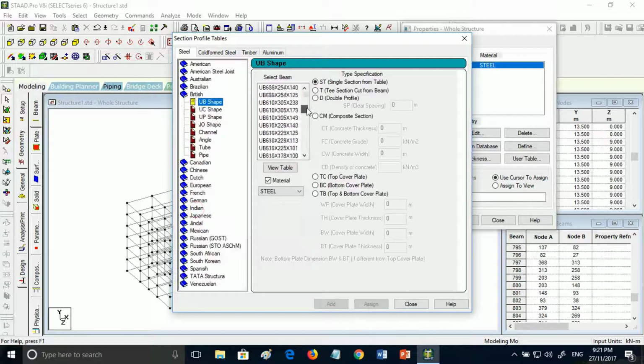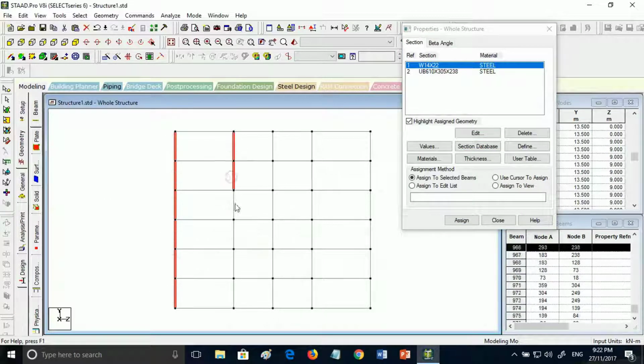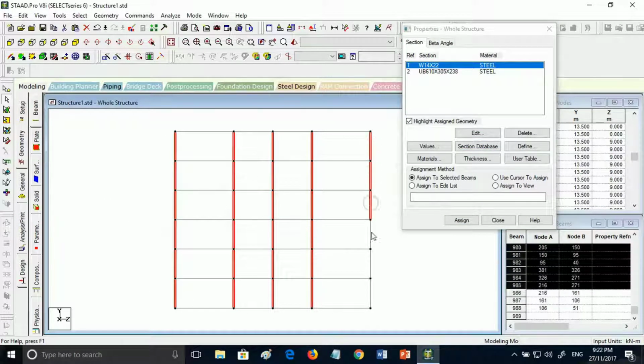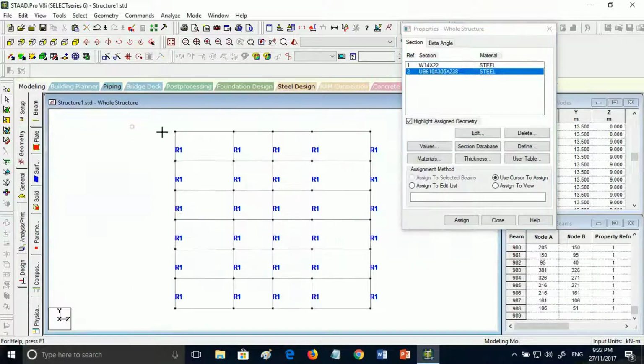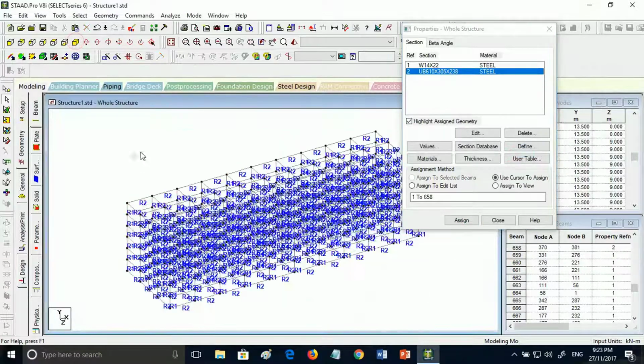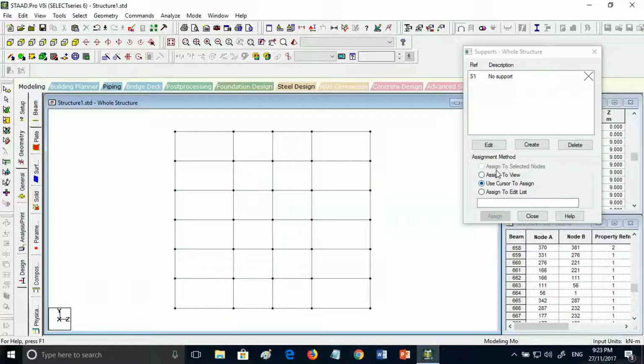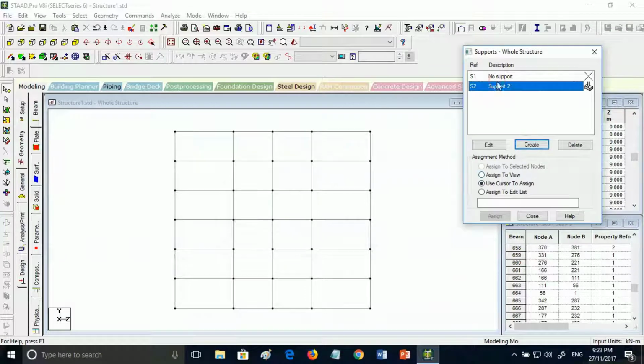And for the first try, we will assign both beam and column with the lowest dimension. And then we assign a fixed support to the structure.